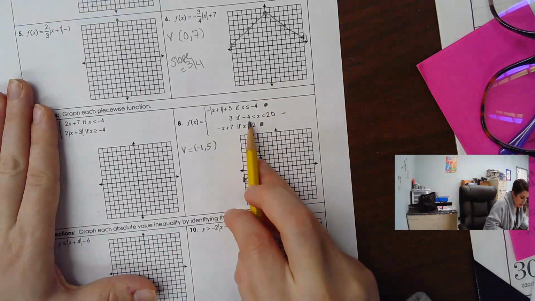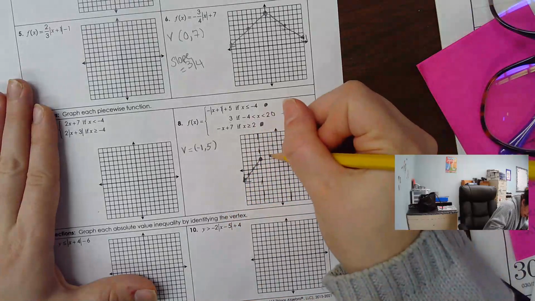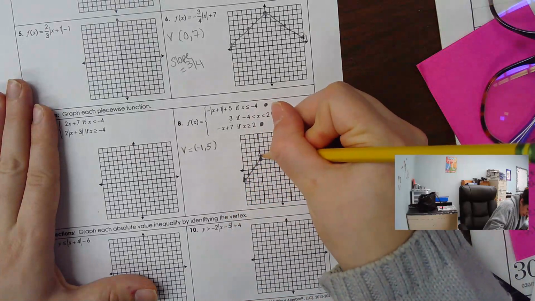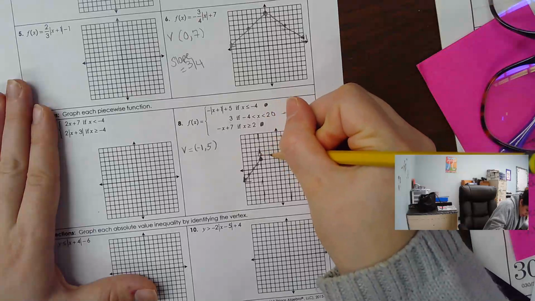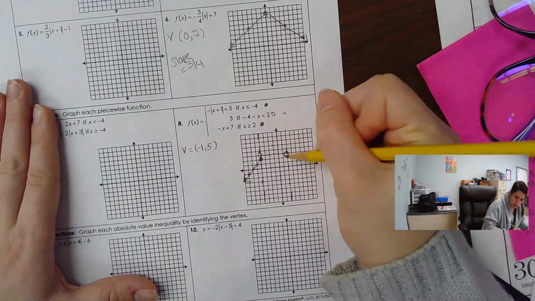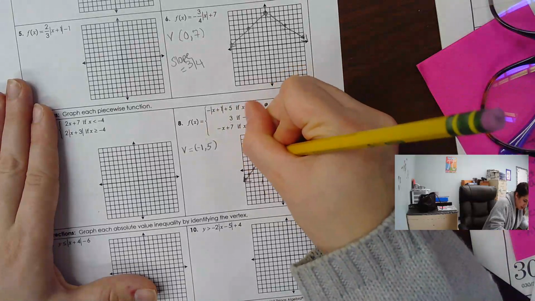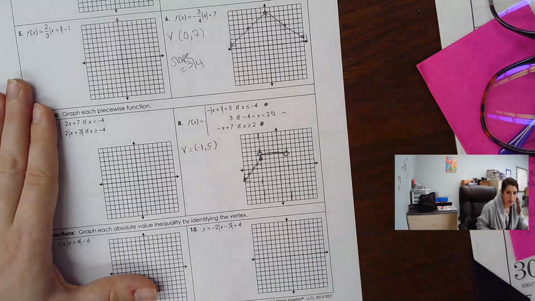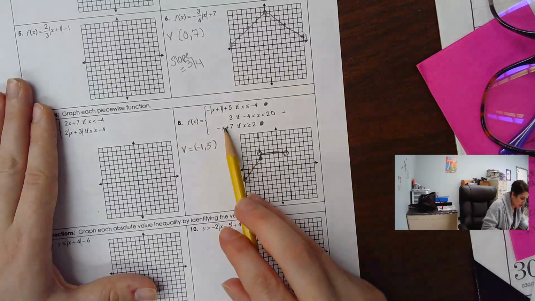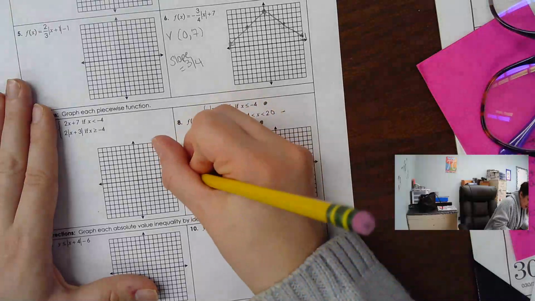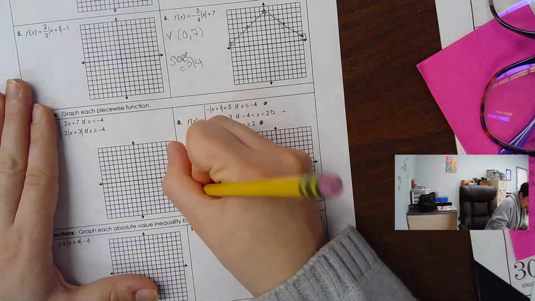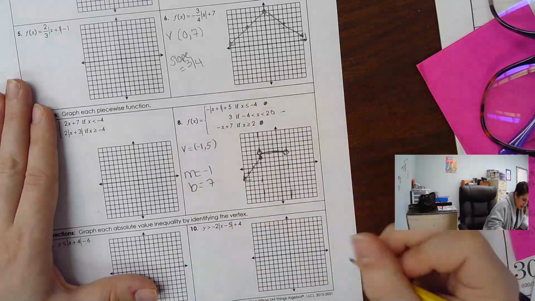So I got the first part of my piecewise. 3 if -4 to 2, so we got to go up 3. So that's an open circle to an open circle, and it's just a horizontal line. So everyone sees that, I'm going to make that a little bigger. The last one is -x plus 7, which is just slope is -1. My y-intercept is 7.